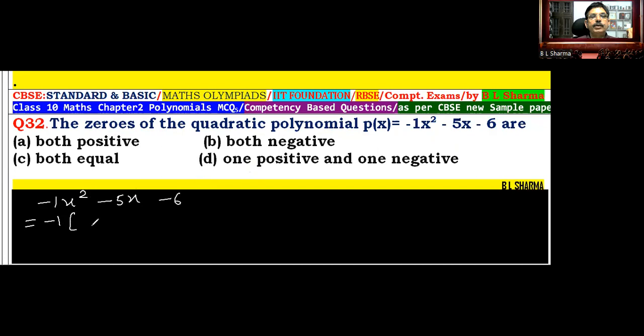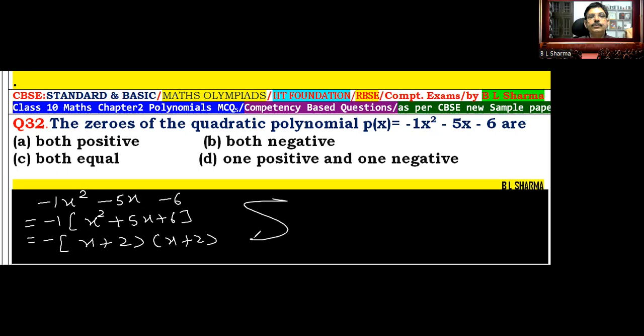Taking minus 1 common, that is x square plus 5x plus 6. Then factorizing, we have already factorized, that is (x plus 2)(x plus 3). Putting each factor equal to 0, x plus 2 is equal to 0, so one zero is negative 2.